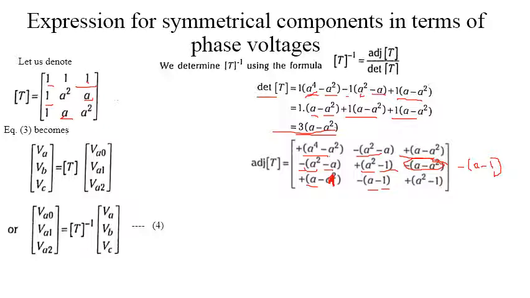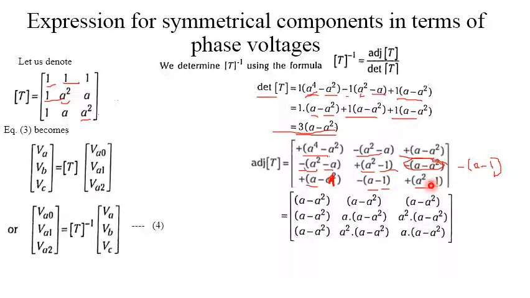Next, similarly for this term, for a square we'll get 1 into a square, so this is a square. Similarly for 1 into 1 we will get minus 1. Just making some rearrangement, the matrix can be written as follows.